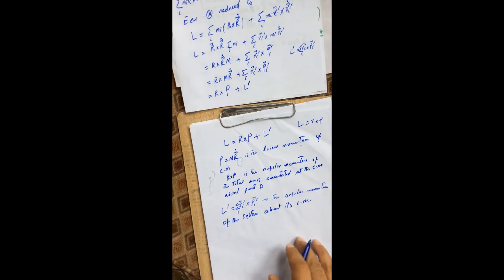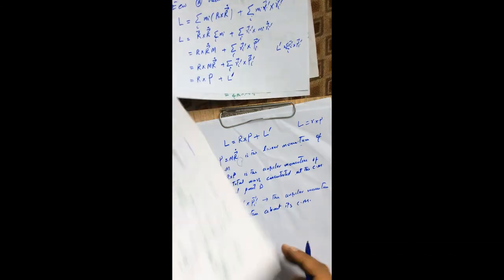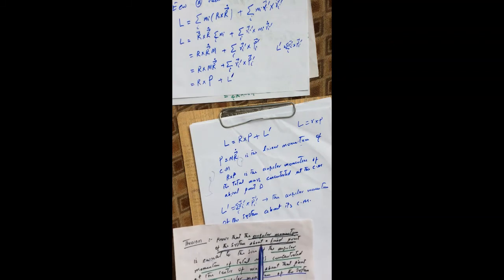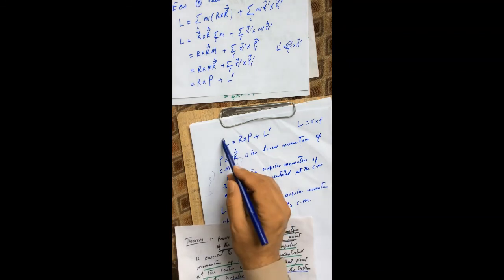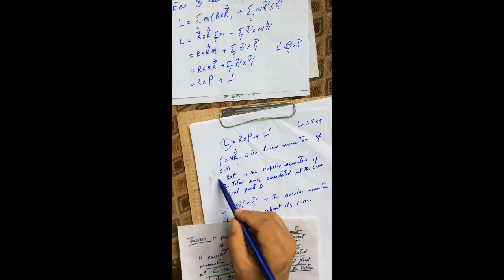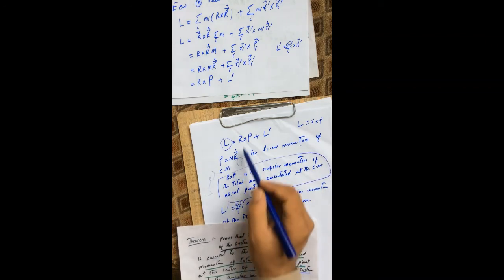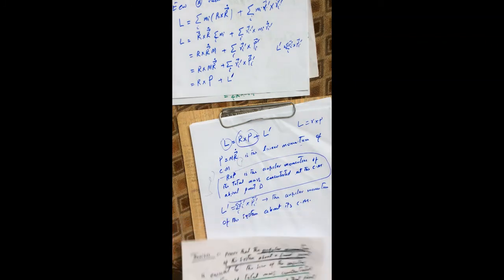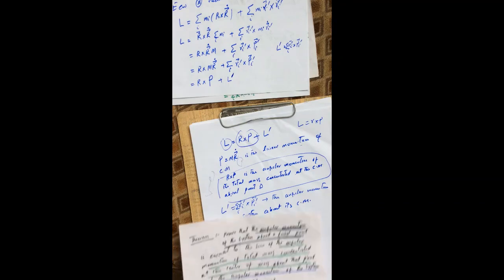So this proves the theorem, because the theorem has two kinds of momentum. It tells that the total angular momentum is equal to the sum of the angular momentum of the total mass concentrated at the center of mass about point O, which is this one, plus the angular momentum of the system.